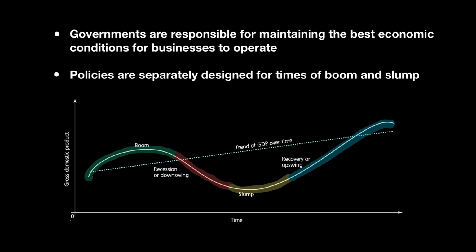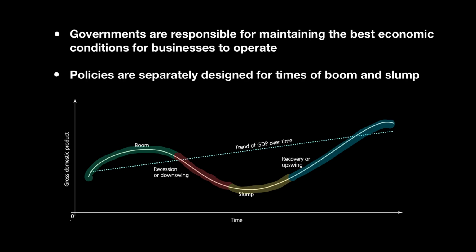Now, at the center of it all, in order to make sure that the economy is on the upward trend and the GDP is still increasing, the government has a critical role to play to make sure that the inflation doesn't get out of hand, unemployment is not too high, exchange rate remains stable, and the economic growth is on the upward trajectory.